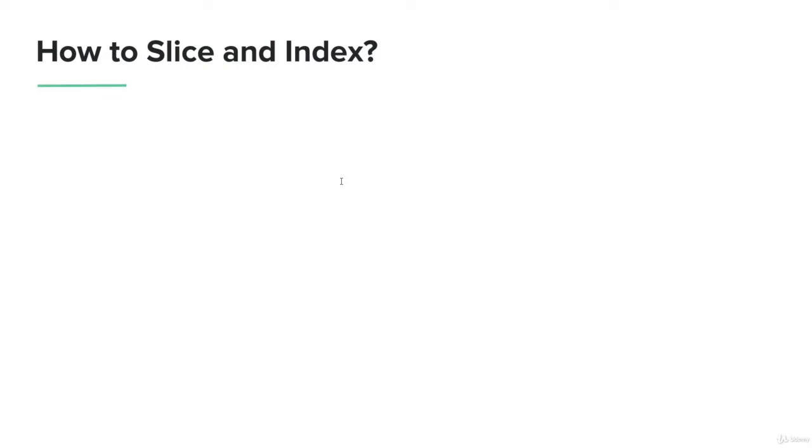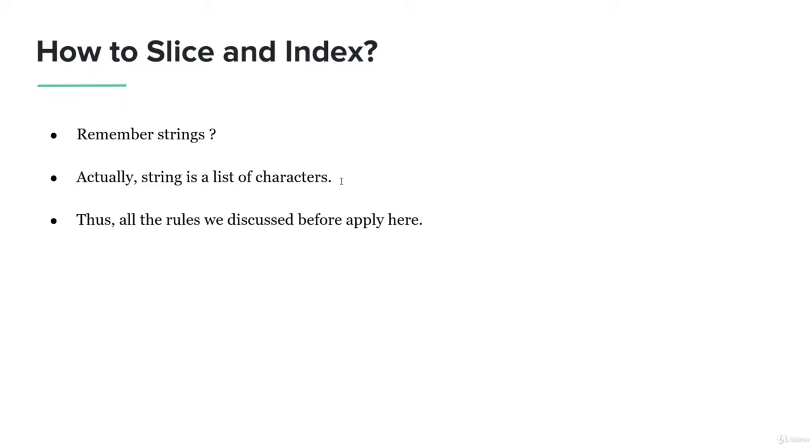So how to slice and index Python lists? Do you remember strings? Strings are actually a list of characters, okay? Thus, all the rules we discussed before apply here. So all the indexing and slicing rules Harris gave you before apply here in the list.